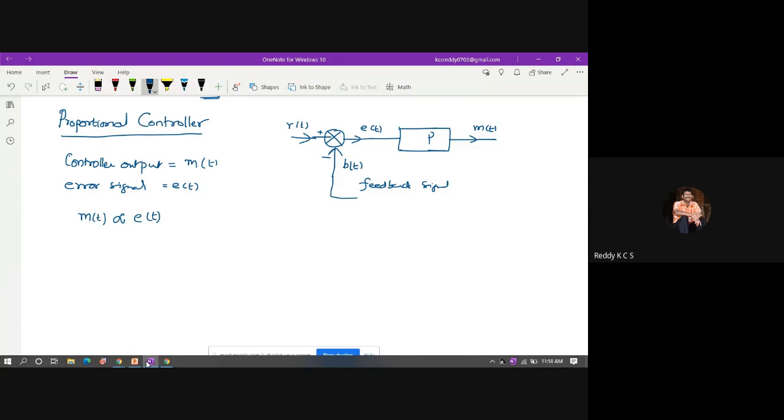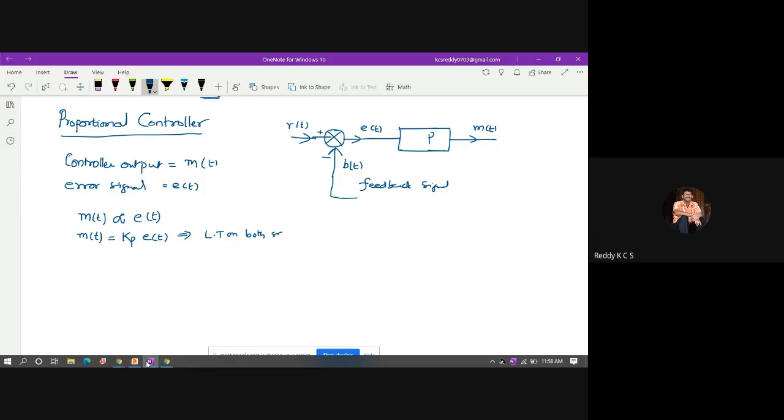What is the input of the controller? That is e of t. So m of t is proportional to e of t. When I take out the constant of proportionality, I get m of t equal to kp into e of t.